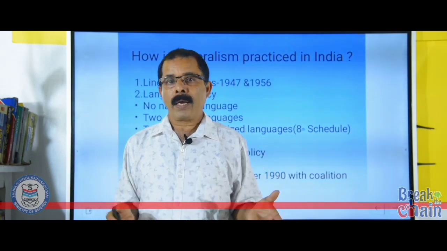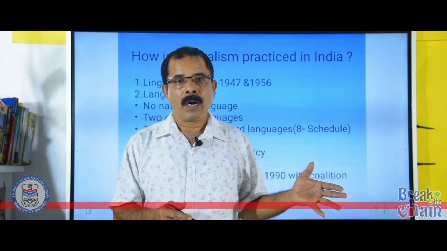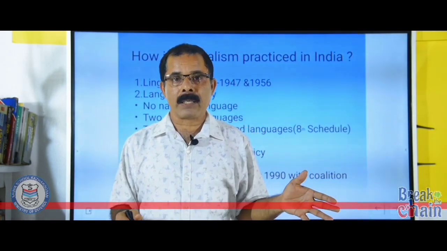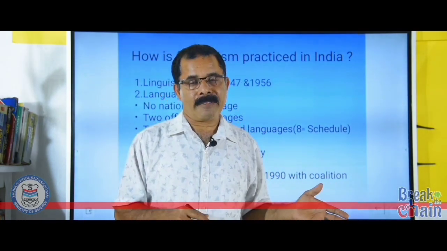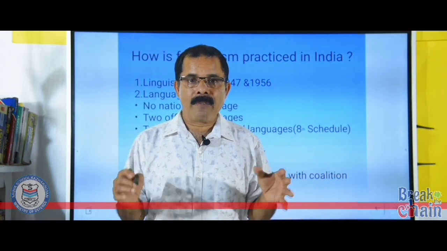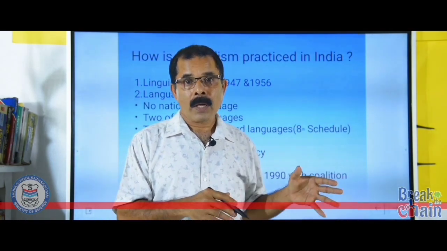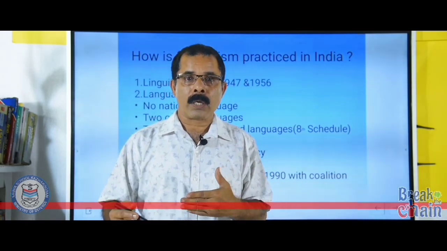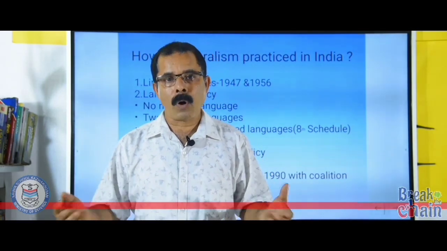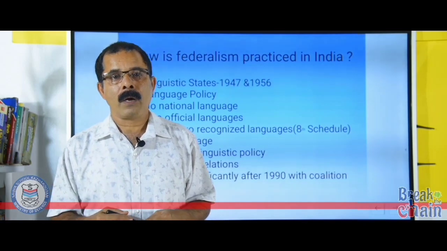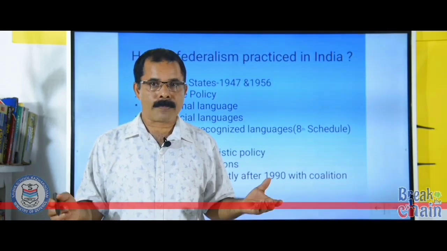When it comes to Kerala, we always have coalition governments, either it is UDF or LDF. So what I mean to say is that ever since coalition governments came into being at the center, the states began to get more representation and more rights.